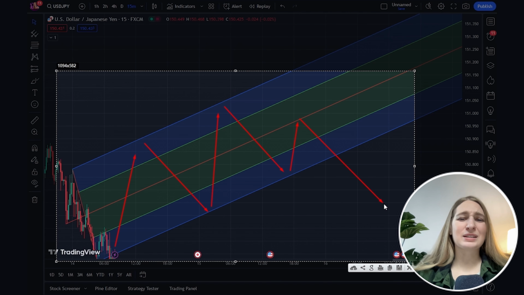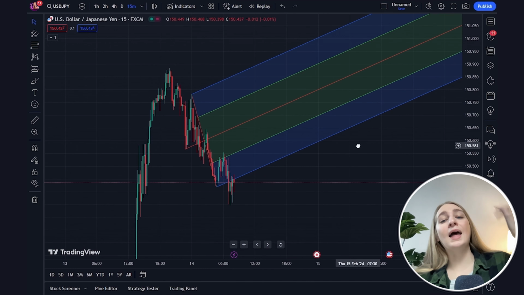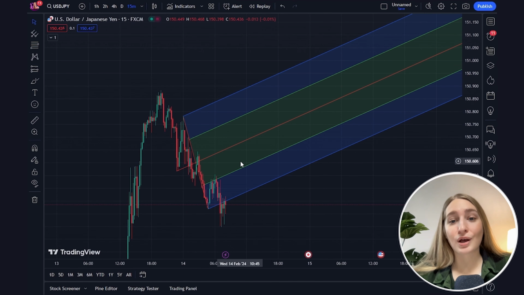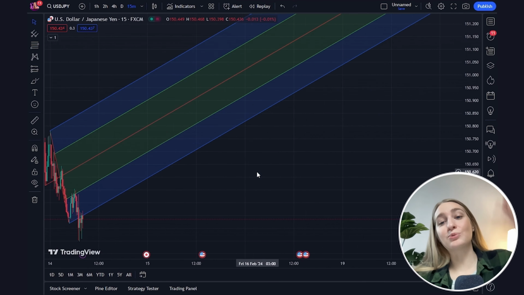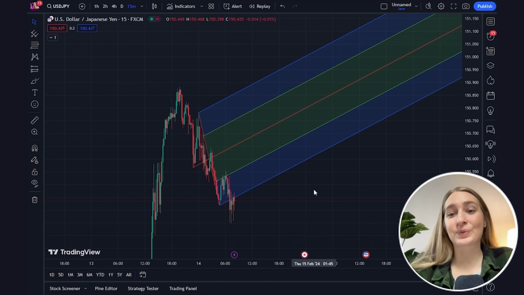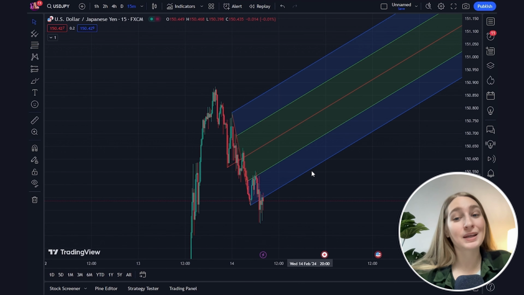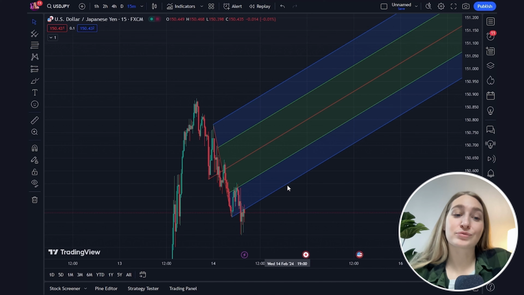It will probably go like this, then turn around and go beyond the borders altogether. That's why I say these pitchforks only work at the beginning of the trading journey.